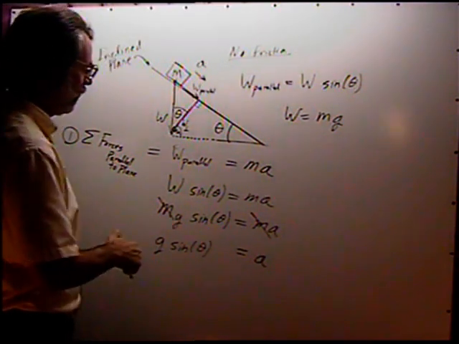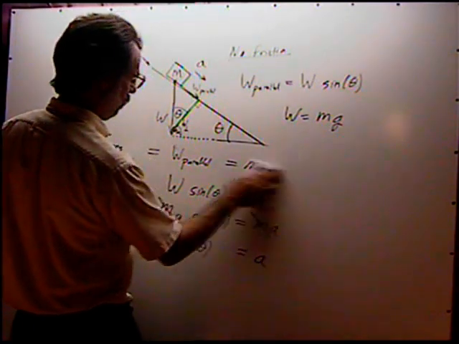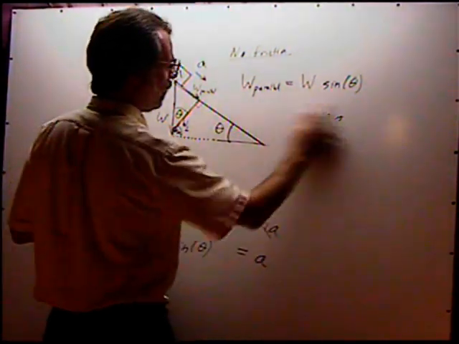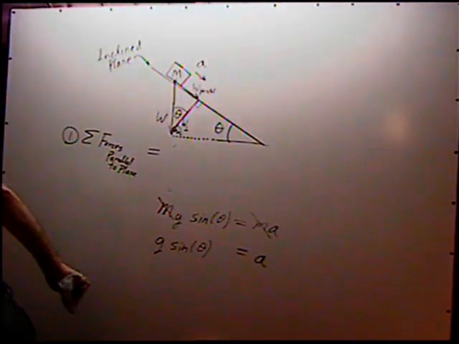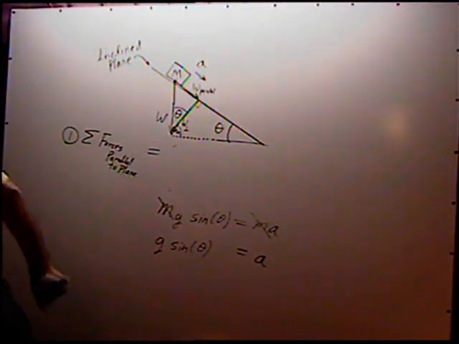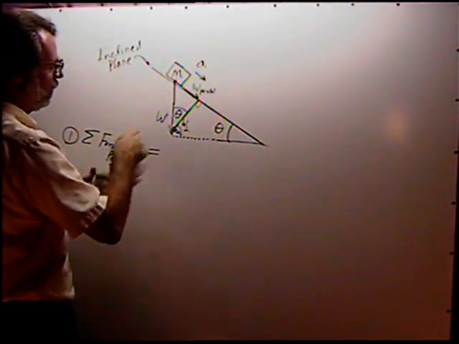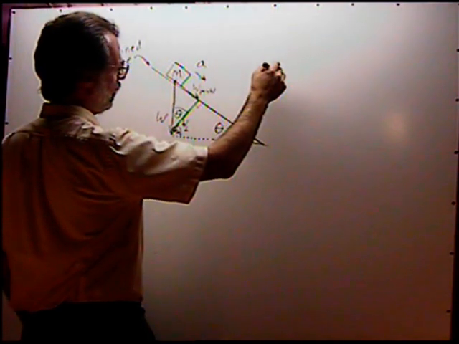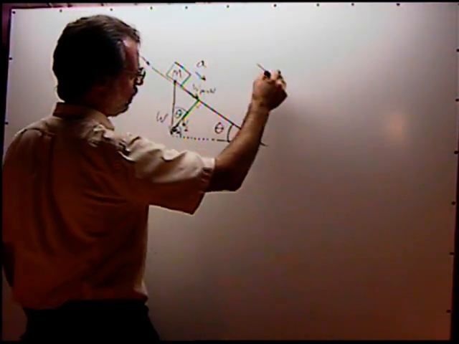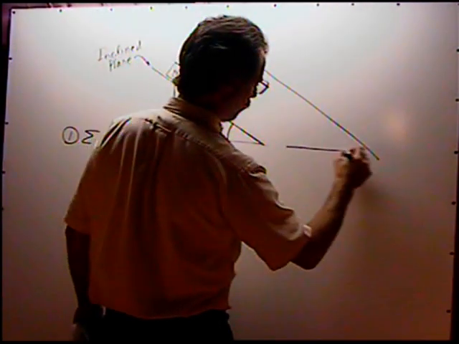Now, let me say two things about this. I'm going to erase this right here. If you look at the diagram in the book, sometimes it might help. Another way to look at this diagram, I'm going to redraw it in a slightly different way, because some of you might see it a little bit differently.